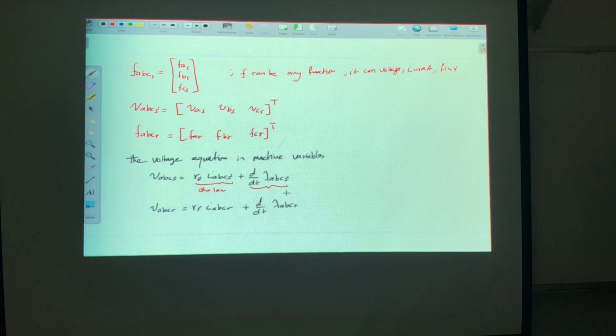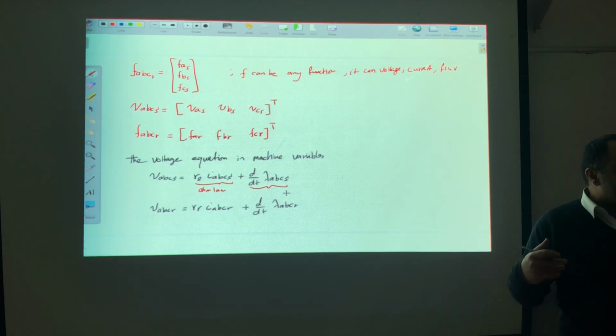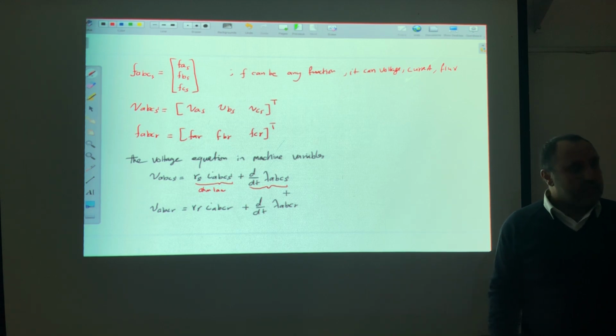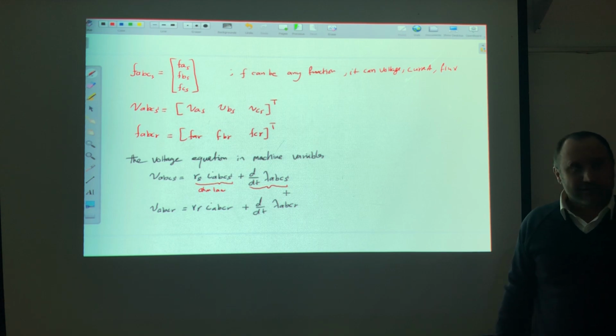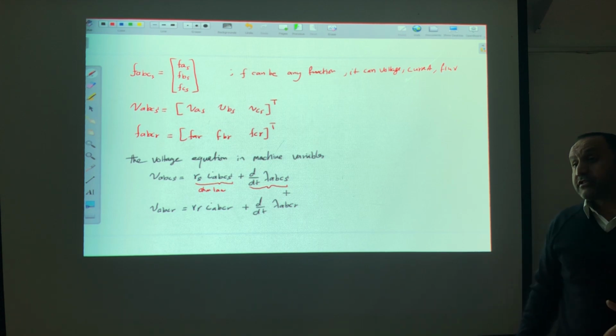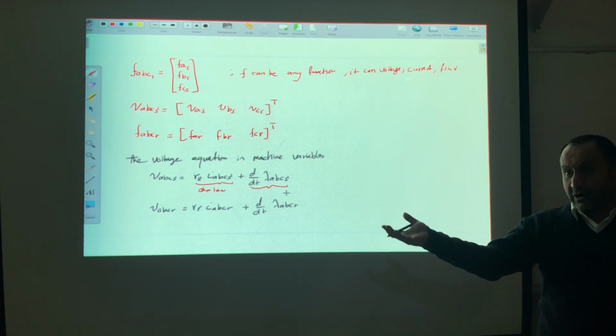Lambda is the flux linkage. So, if linear, this will be Li. And if the inductance is constant, this will be L di/dt. Now here we discover that in the machine, the inductance is very important. It will be time varying, and due to the time varying, I will generate something called developed power.